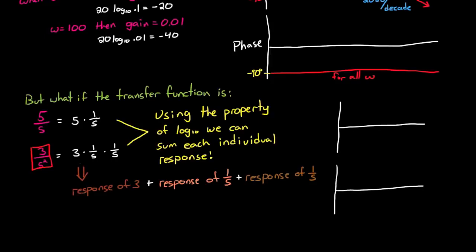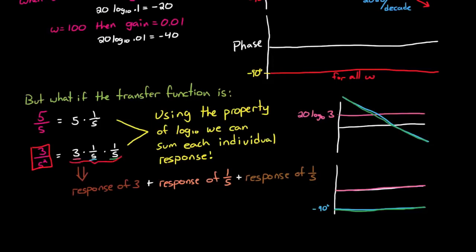Now from the last video, you'll probably remember that the transfer function for a constant of 3 is just 20 log 10 of 3, and that the phase for a positive constant is just 0 for all frequencies. And we just learned that 1 over s has a slope of minus 20 dB per decade on the gain plot and a phase of minus 90 degrees. And so since we have two of these 1 over s's, we can just duplicate those on the Bode plot.